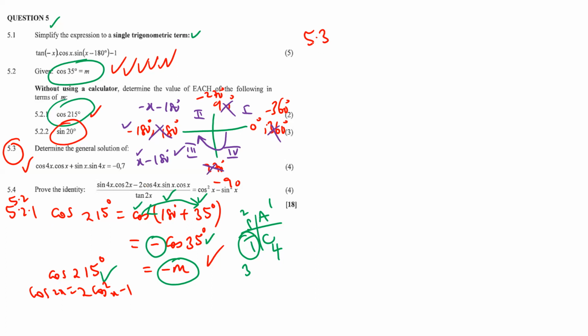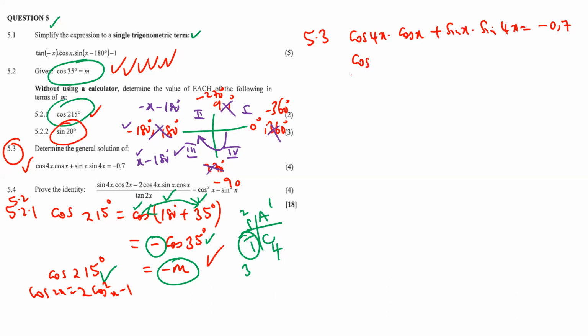All right, 5.3 has cosine x, sine x, and the sine of 4x is minus 0.7. So this is like a compound angle formula.